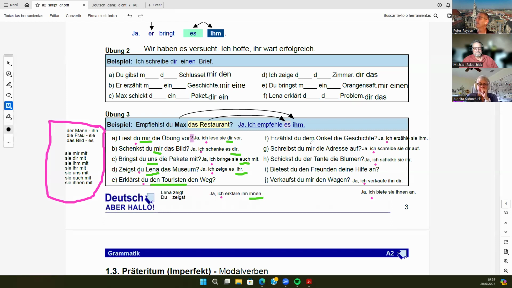And then whom? Dem Onkel. So yes, him. To me, yes. To you. To her, of course, yes. To her. And then to the friends, yes. To them. And then to me.